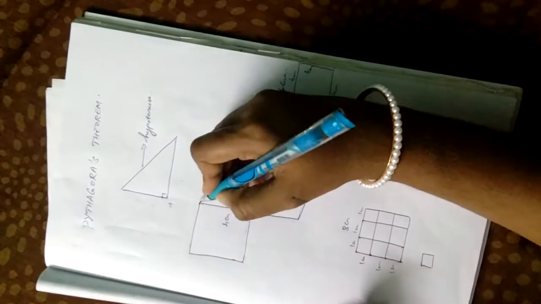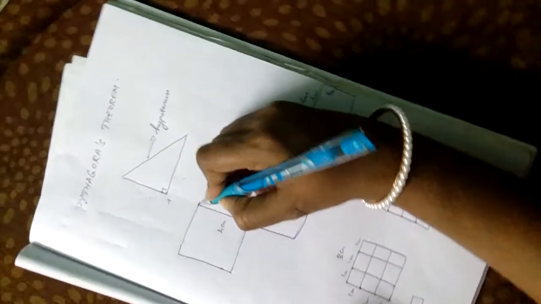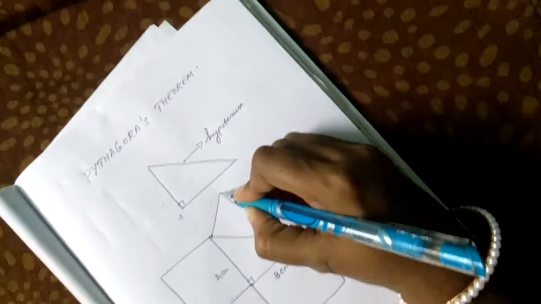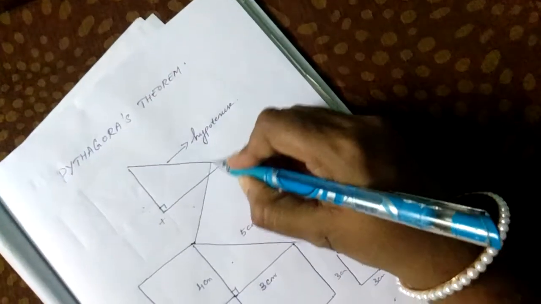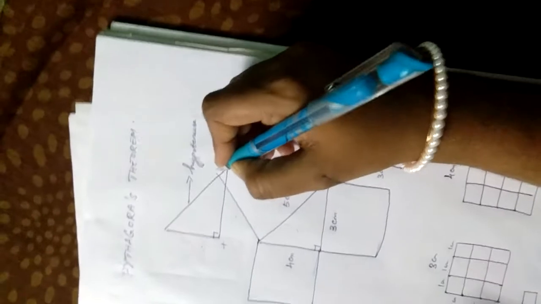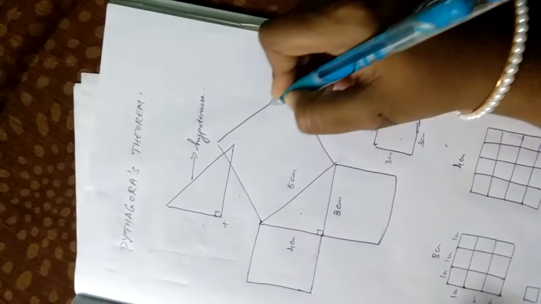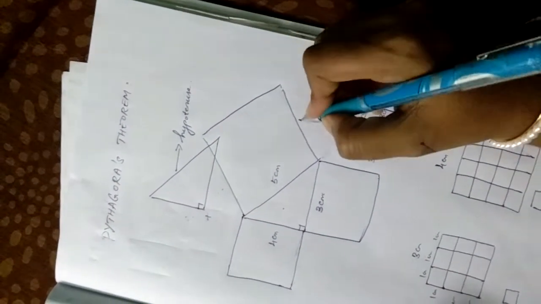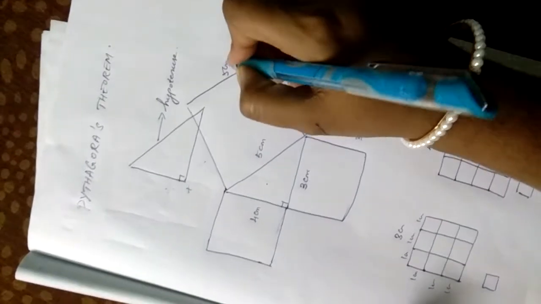Then using a scale, you make a square of 5 cm on the hypotenuse of the right angle triangle, that should have 5 cm on each side.